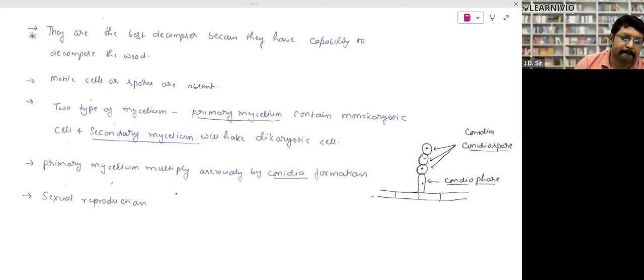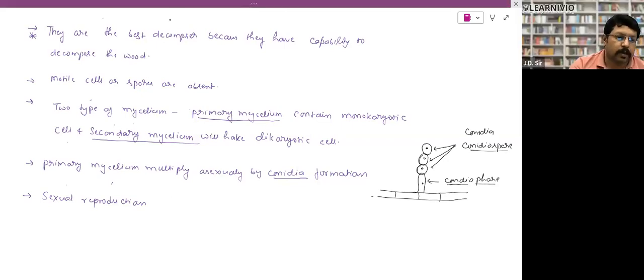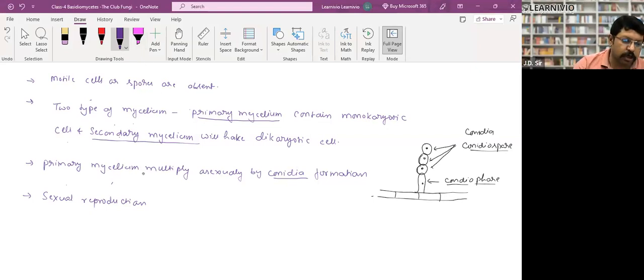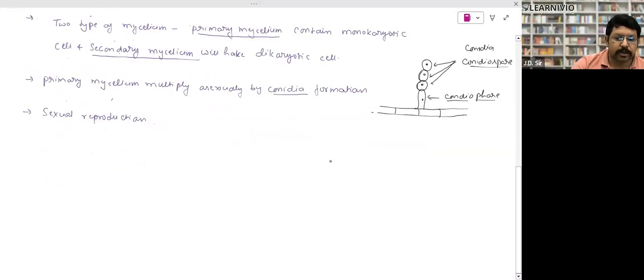Clear? Okay. Now, what is sexual reproduction? Sexual reproduction does not involve formation of any sex organ like antheridia, oogonia, that kind of sex organ, right?